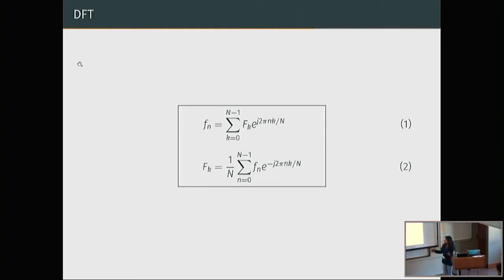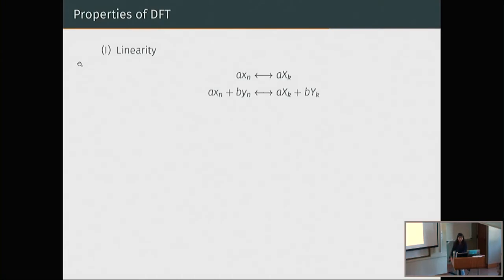But the summation doesn't run from -infinity to infinity, most importantly, because in digital electronics, you have to time limit and band limit your signals because you're dealing with finite length signals in both cases. And I will come back to why the summation runs from 0 to n and why the summation is the same in both cases. So some properties of the DFT.